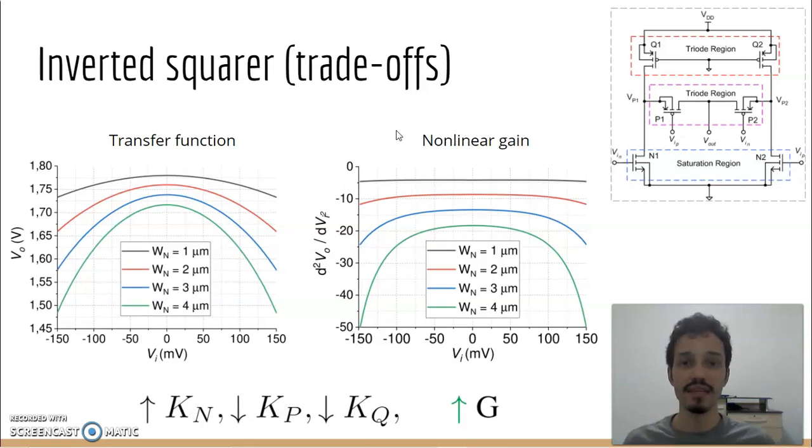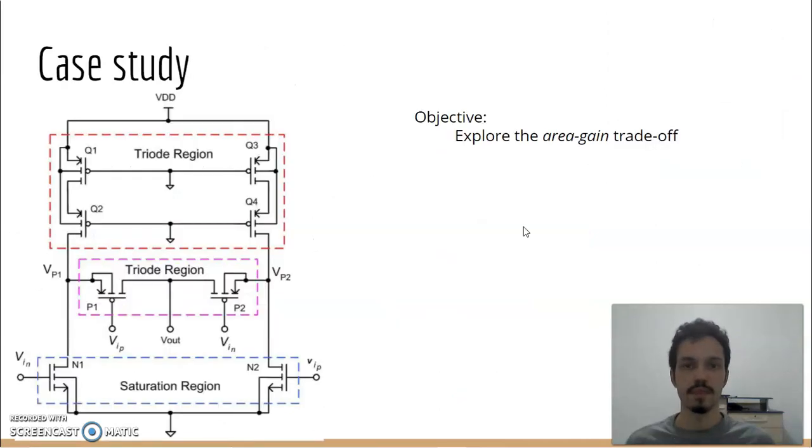We could repeat this analysis for the Kp and Kq parameters, but instead of seeking higher K's, we would seek lower K's. These modifications would not change the circuit's current and wouldn't affect its power, but we could increase the L parameter of each device in these groups to obtain a higher gain, and therefore we could have a gain-area trade-off. Exploring this gain-area trade-off is precisely what we do in our case study.